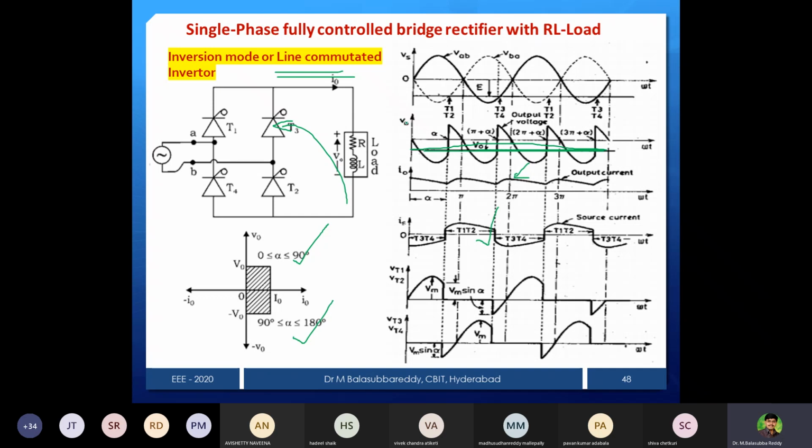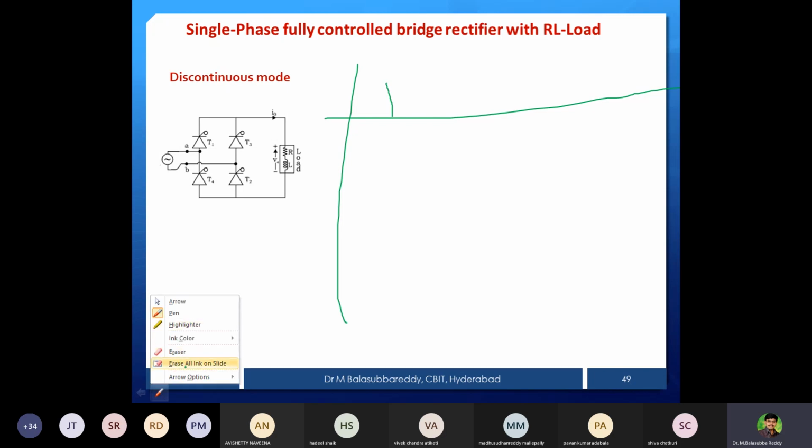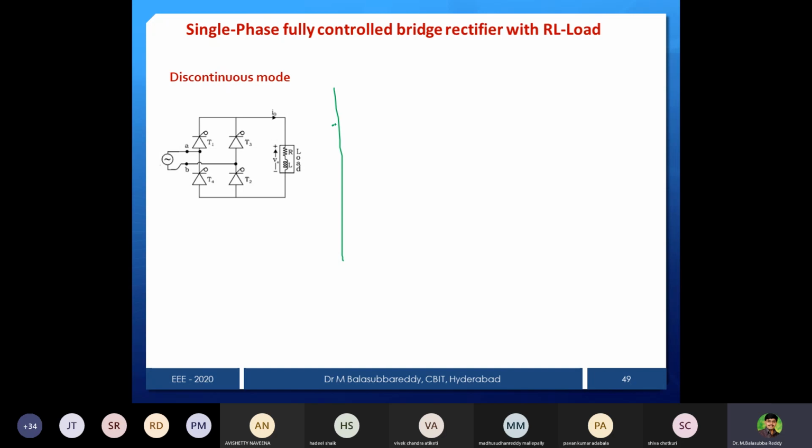Now we will see the case of discontinuous mode of operation. Anybody, what is the difference between continuous and discontinuous? Let us now consider the inductor is small. Then, as per our previous waveforms, what I can represent for discontinuous is exactly the same. The only thing is we start at alpha. Anywhere you can start, there is no issue. You can start at alpha, less than 90 or greater, anything.